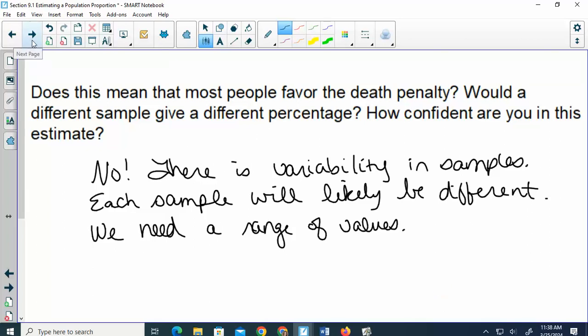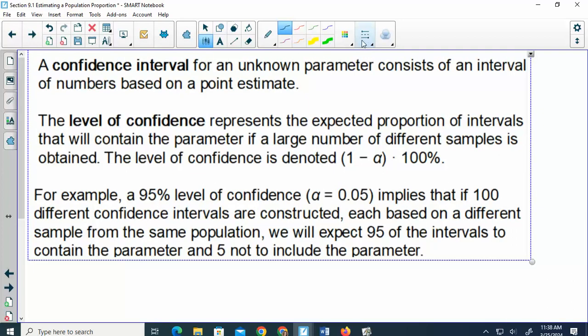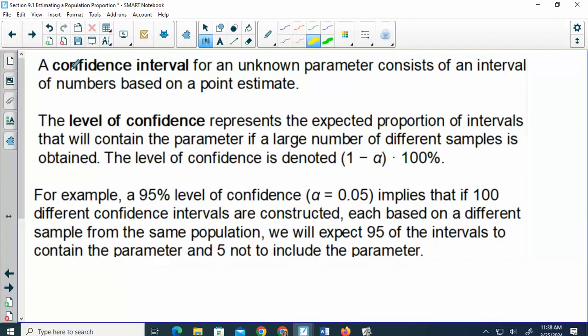So what we are talking about here is what's called a confidence interval. The confidence interval is basically a range of values you build around your point estimate. The level of confidence tells us the expected proportion of intervals that would contain the parameter if a large number of different samples was obtained.